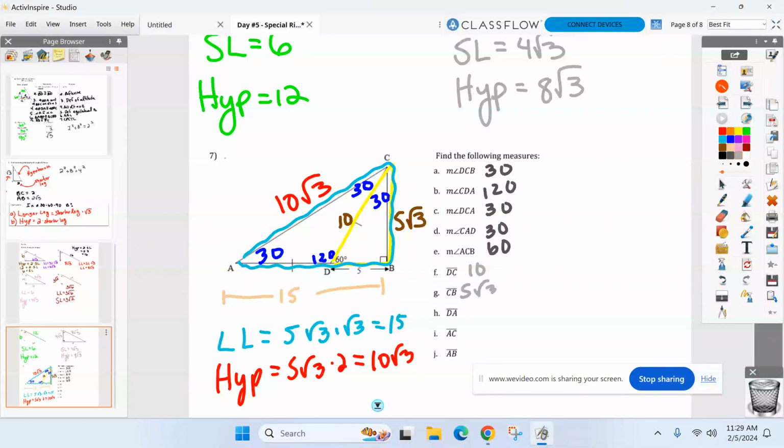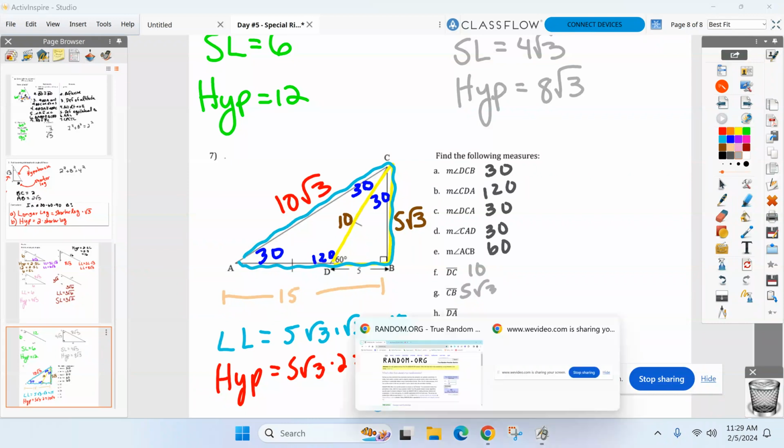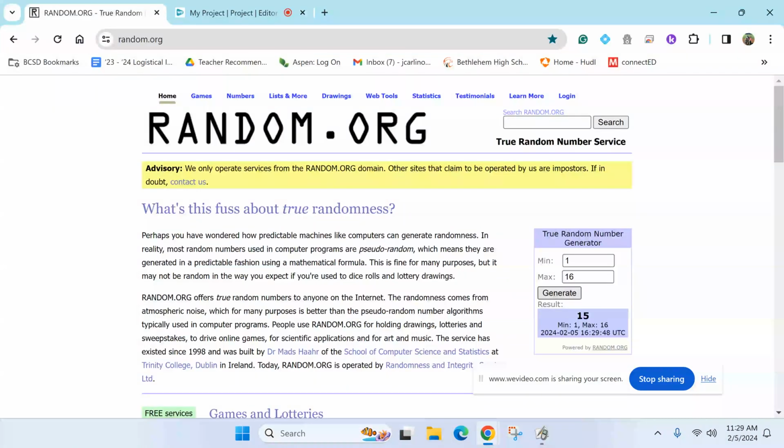Oh, whoa! DA? I don't have anything on DA, because it's not part of a 30-60-90. It's a 30-30-120. I don't think we've ever talked about the rules for that. I don't think any exist. But how do I get to AD if I can't use any rules? How about using some geometry or some algebra? How can I get to AD? A little help? AD?